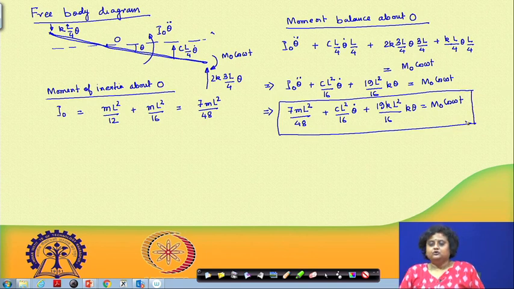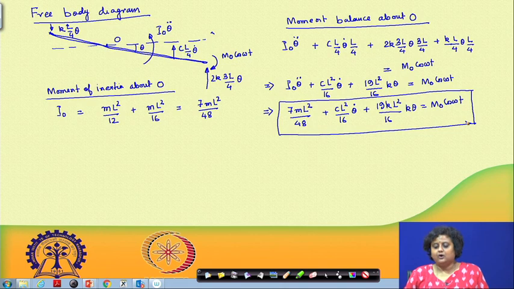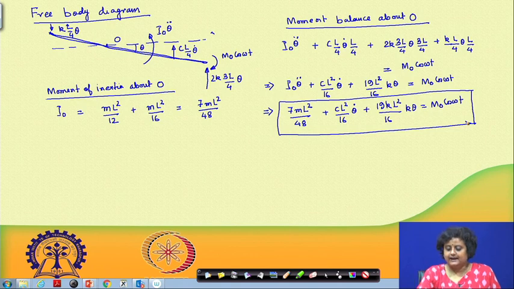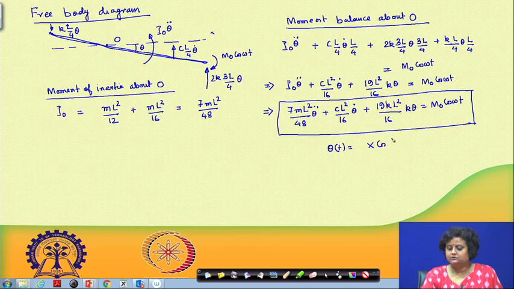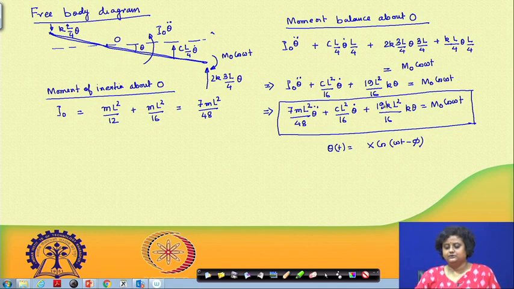Okay. So, now I know how to obtain the steady state solution of this equation. I have to just assume that theta(t) is nothing but X into cos(omega t minus phi), and substitute this into this equation, solve for X and phi.